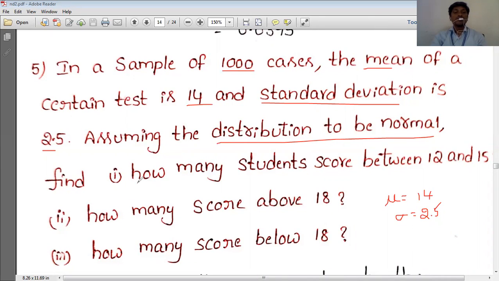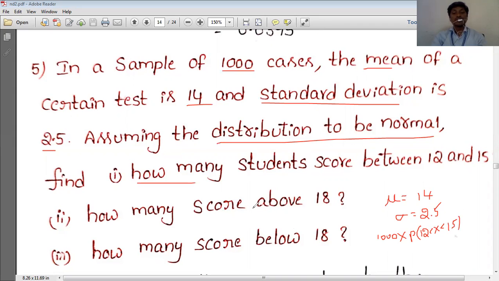Find how many students score between 12 and 15. Since they ask for the number of students, we need to calculate 1000 into P of 12 less than x less than 15.